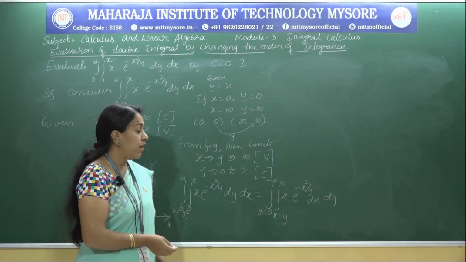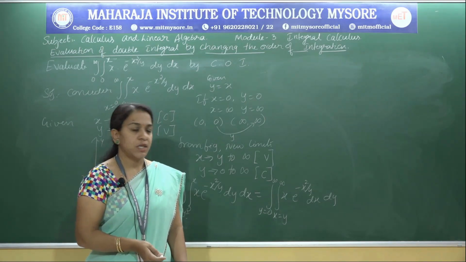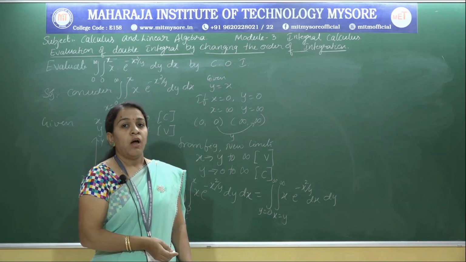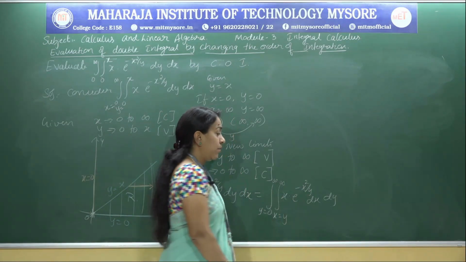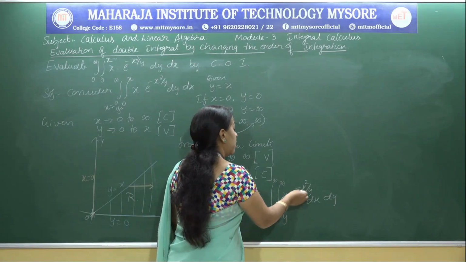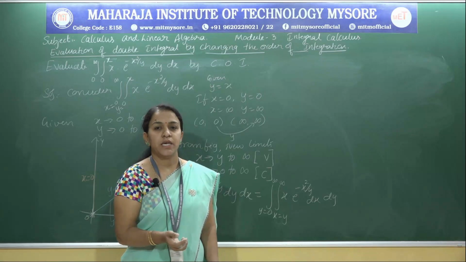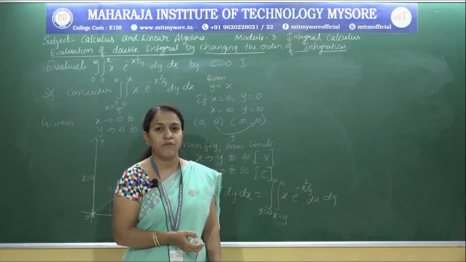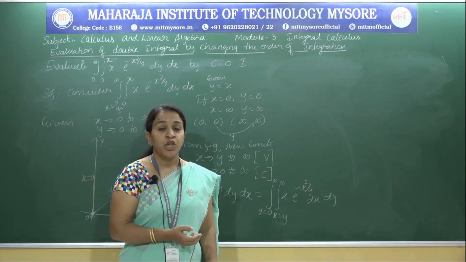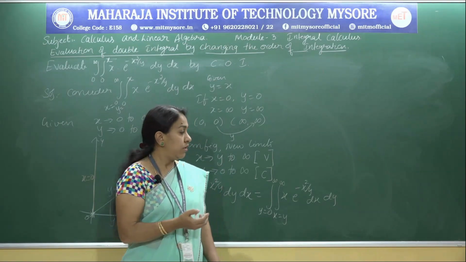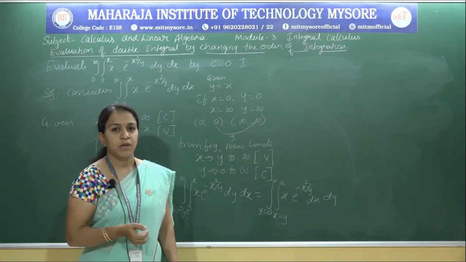Now we have to integrate with respect to x keeping y constant. Here we have e power minus x square. I can integrate only e power ax, where x has a coefficient, but not powers of x like x square, x cube and so on. In that case we should substitute by some other variable.